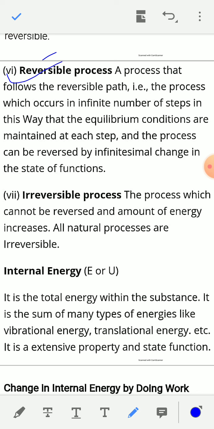You can see reversible process is a process that follows the reversible path. You can reverse the process by changing external pressure, temperature, volume.